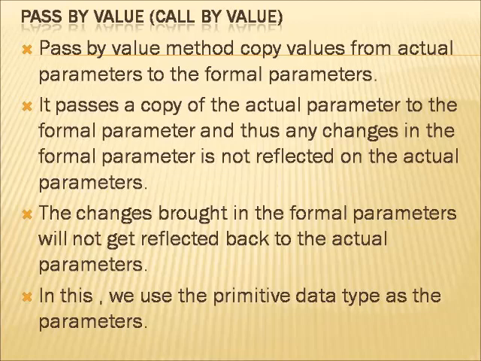Therefore, any changes we make in the formal parameter are not reflected on the actual parameter, because a copy of the actual parameter is passed to the formal parameter. So whatever changes we make on the formal parameter are not going to affect the actual parameters. In the case of pass by value, we normally use primitive data types as parameters.